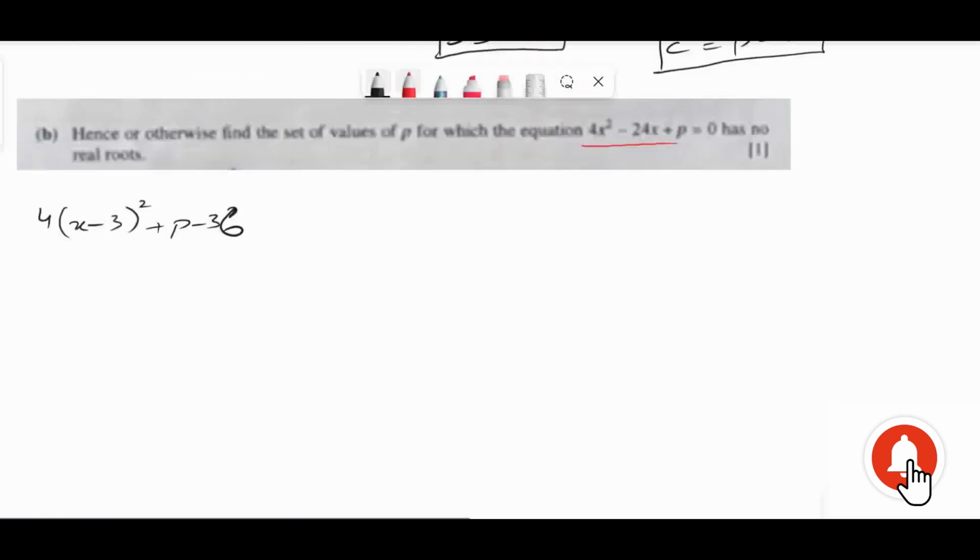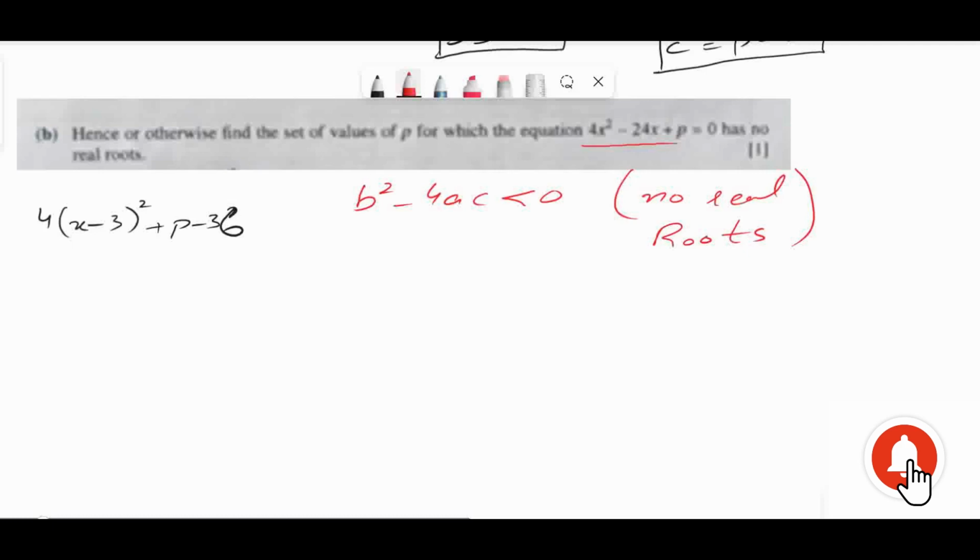Now from here we can see that they said it must have no real roots, which means that b square minus 4ac should be less than 0 for no real roots. So this is the condition for the discriminant. First of all, we need to identify the values of a, b and c.